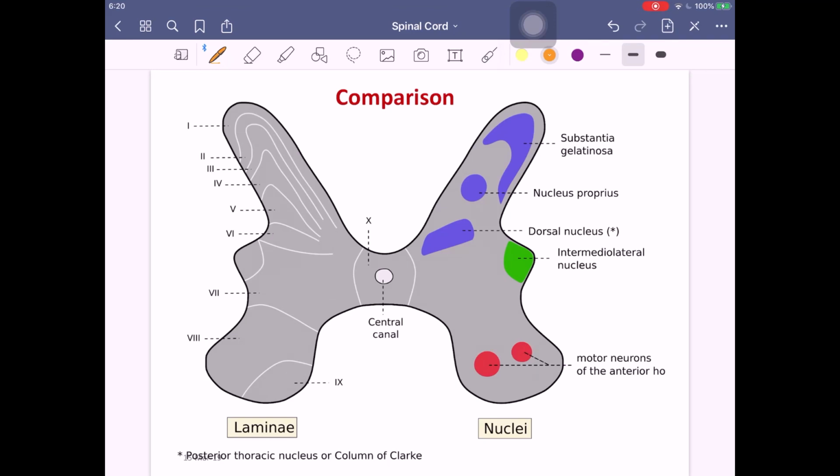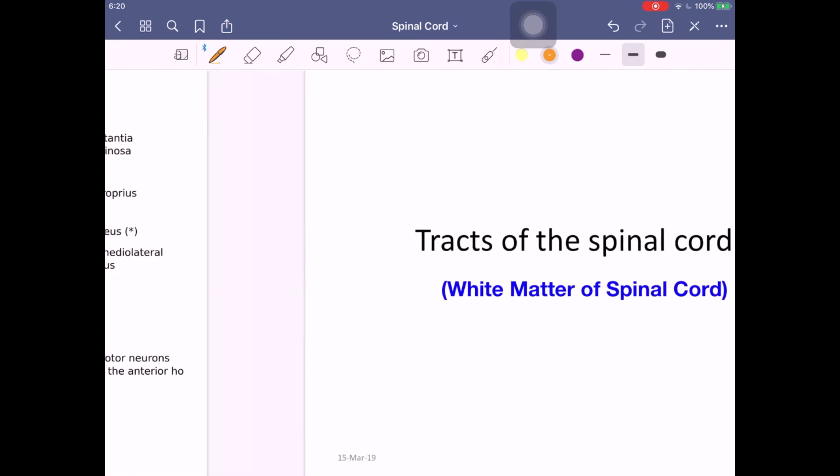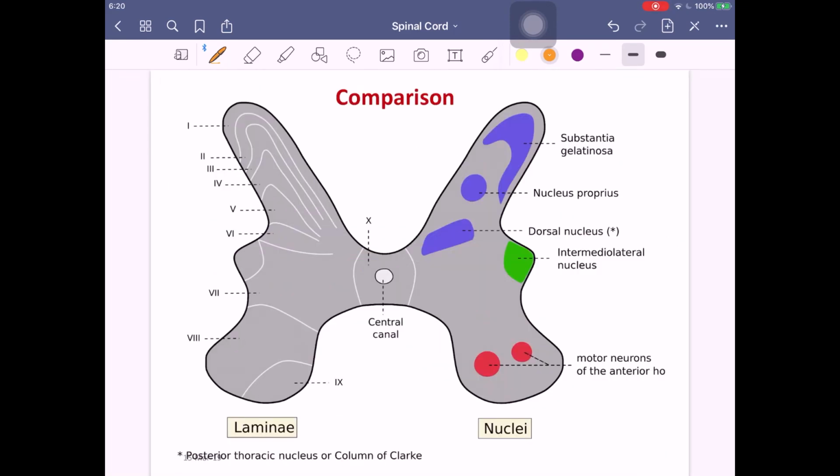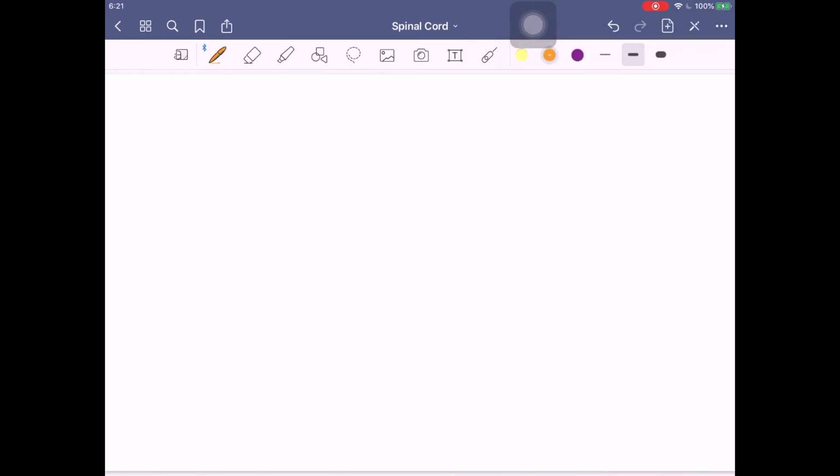Here again you can see the comparison of the gray columnar nuclear concept with the laminar concept. Now what is the use of this lamina? There is not much use as far as the clinical concept is concerned, but the concept of lamina is useful in experiments.